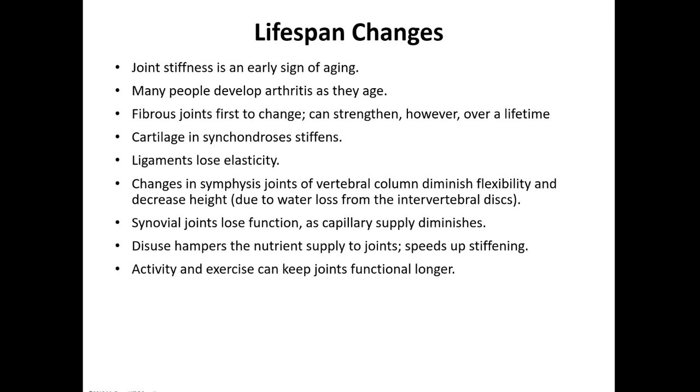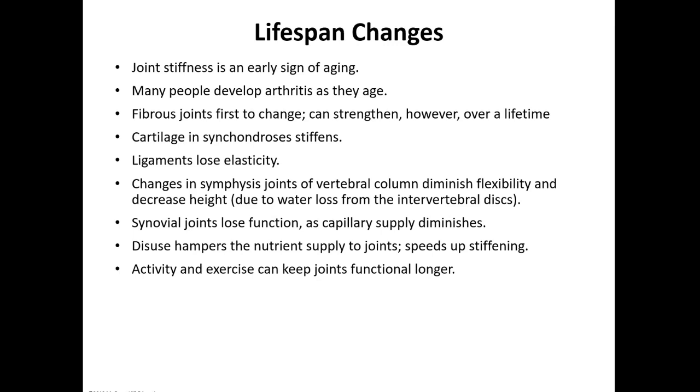So whenever we do exercise, we flex and extend the joint areas. Whenever you extend it, the fluid is sitting at the joint between the bones. But when you flex it, the cartilage on the surface of the bones acts like a sponge. You know how a sponge picks up fluid?